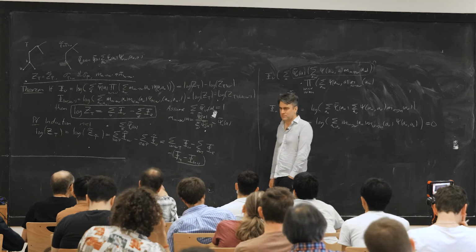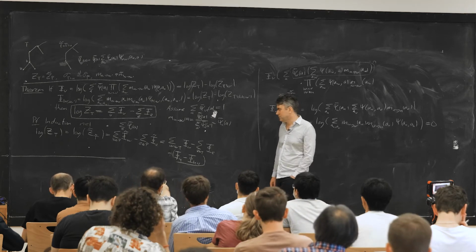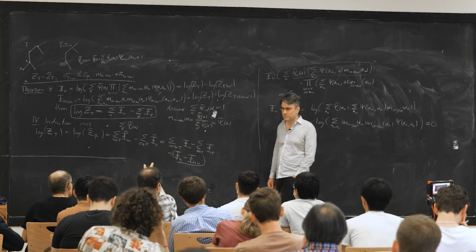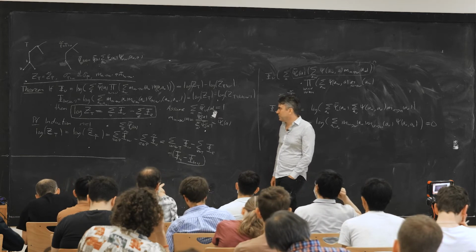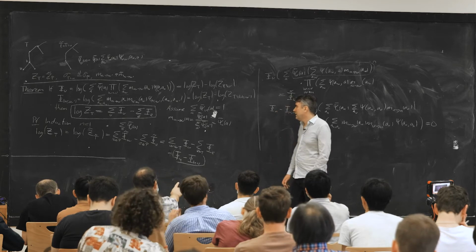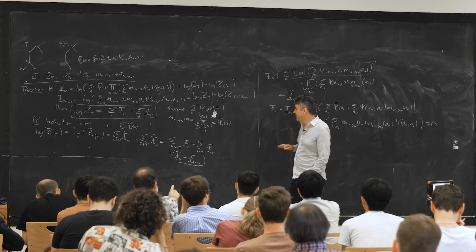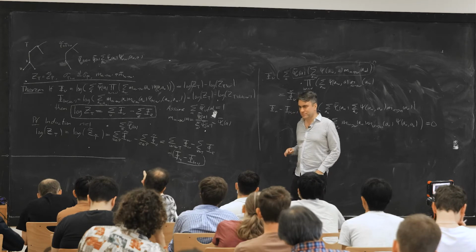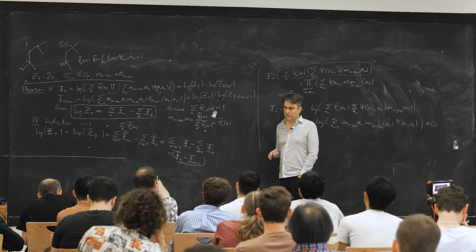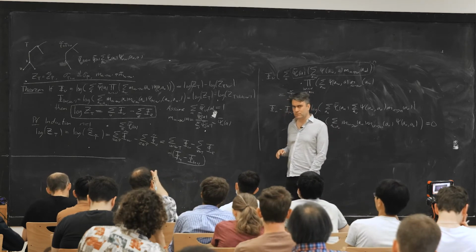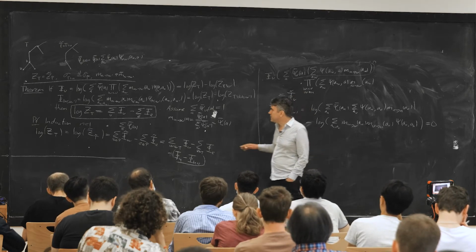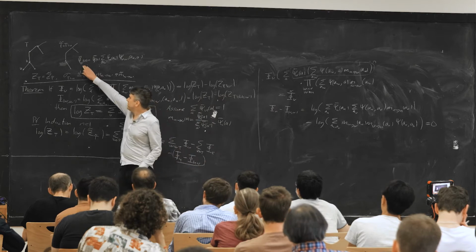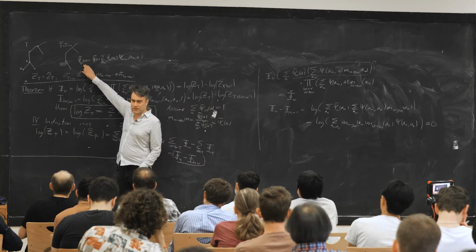Now all vertices that are leaves, those terms in that sum are 0. So you seem to have proved that log of Z is 0. No, because I changed the field at v.